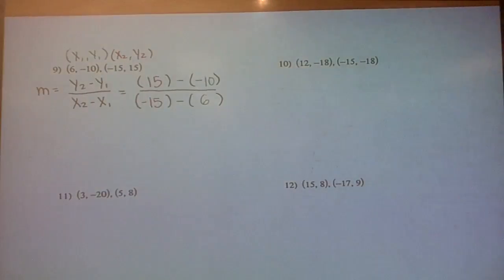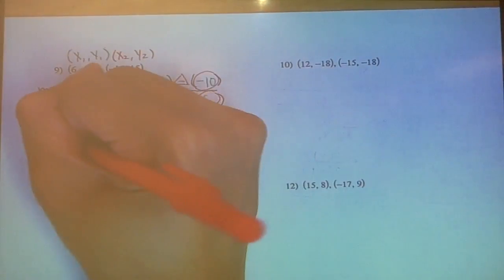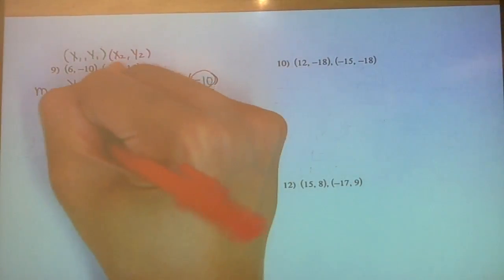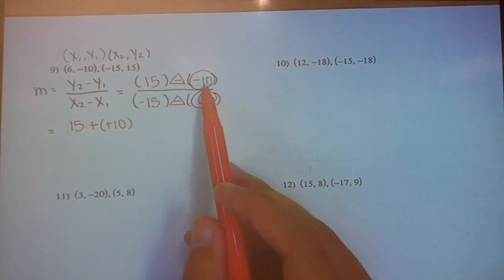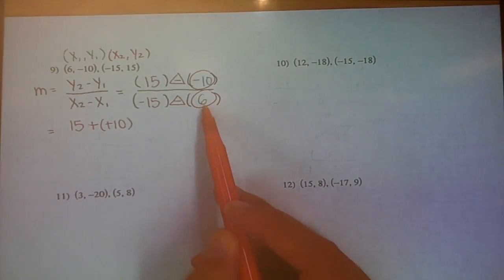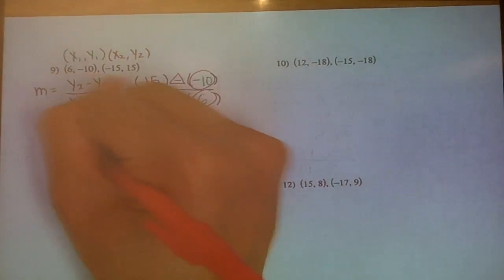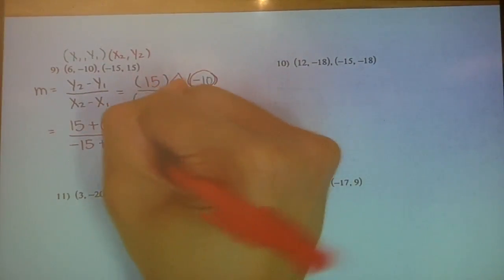So they are both subtraction. I'm going to change to addition and take the opposite. Change to addition, take the opposite. So I end up with 15 plus a positive 10 because the opposite of negative 10 is positive 10. Then I have to add a negative 6 because the opposite of positive 6 is negative 6. So I get negative 15 plus a negative 6.